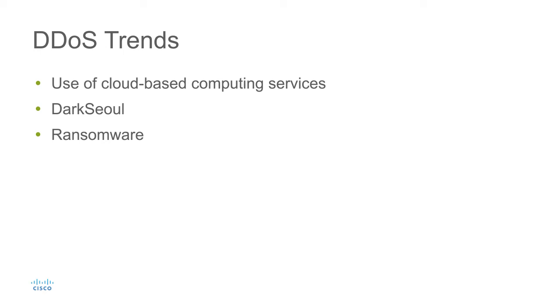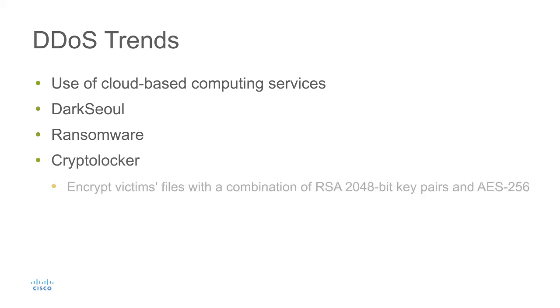Now, a recent ransomware was dubbed CryptoLocker, and it would encrypt your files. It would use a 2048-bit RSA key pair and AES 256, so it couldn't be broken. It was a rather sophisticated attack, and it would spread itself through mapped drives and through the network that way.